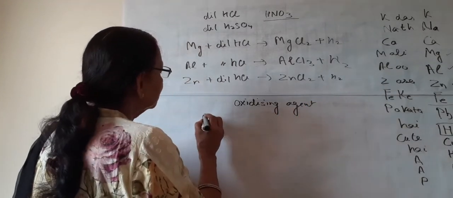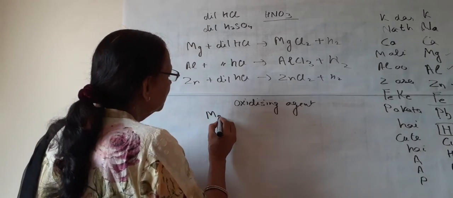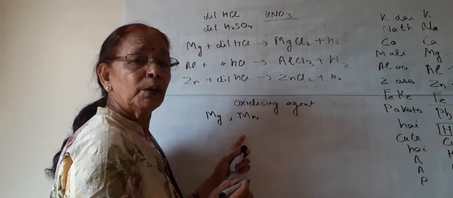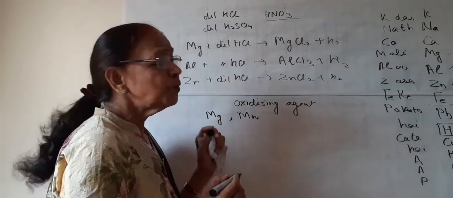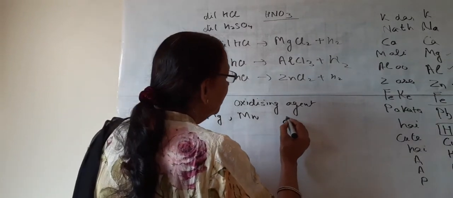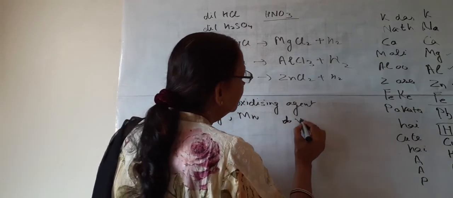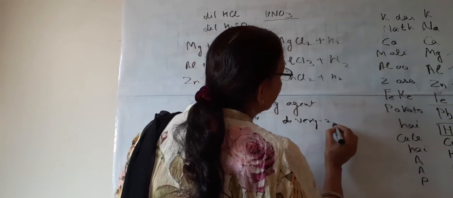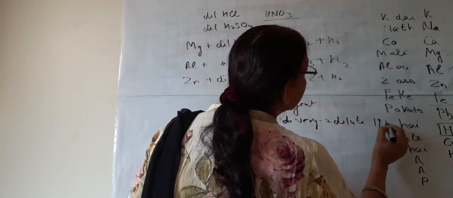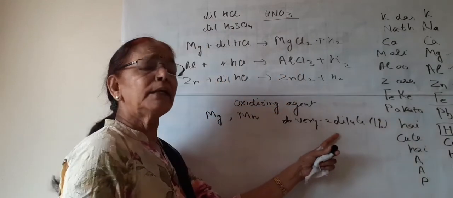Only two metals, magnesium and manganese, can react with nitric acid when the nitric acid is very dilute, about 1%, with very little acid and more water.